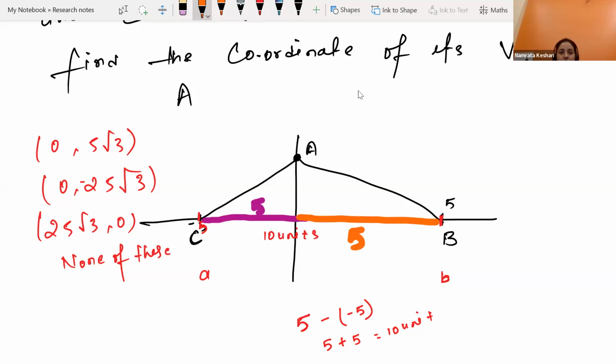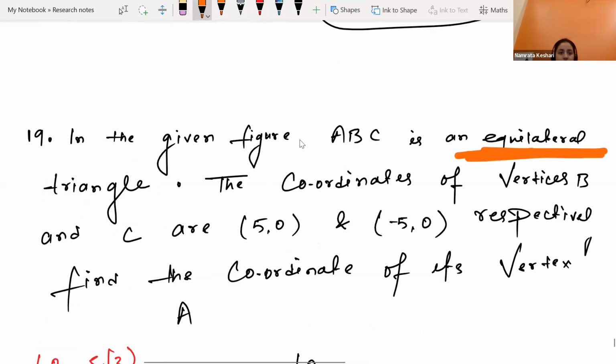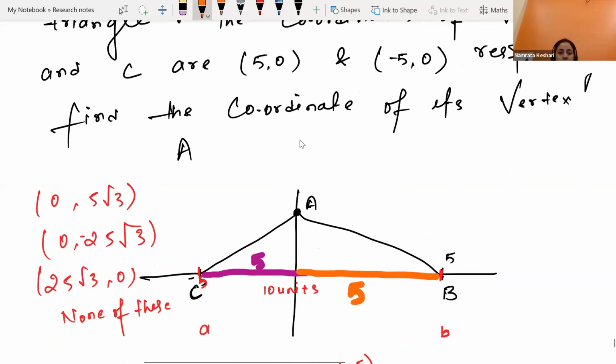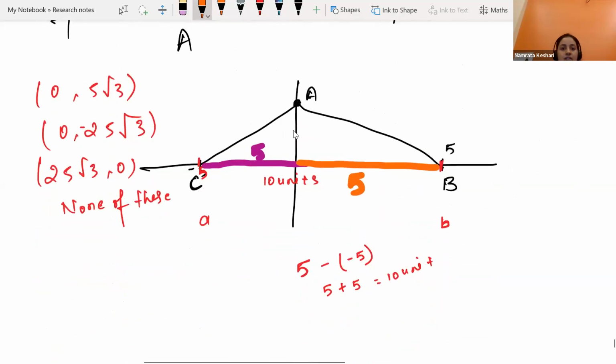Just a moment, let me check what else is given. And we know that this distance has to be 10 units. Can we apply Pythagoras theorem for this triangle? I think, ma'am, we can. Yes, we can.